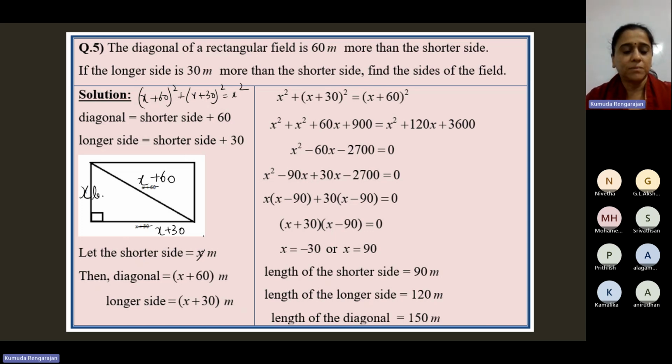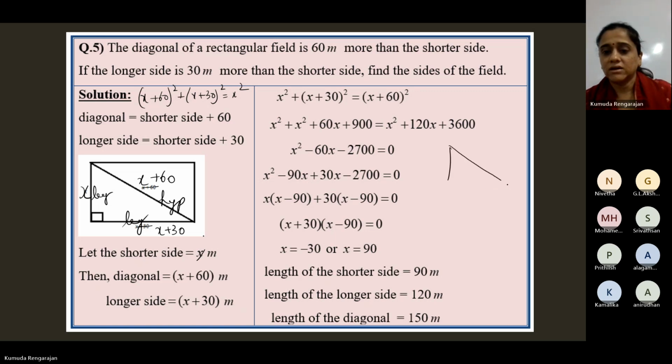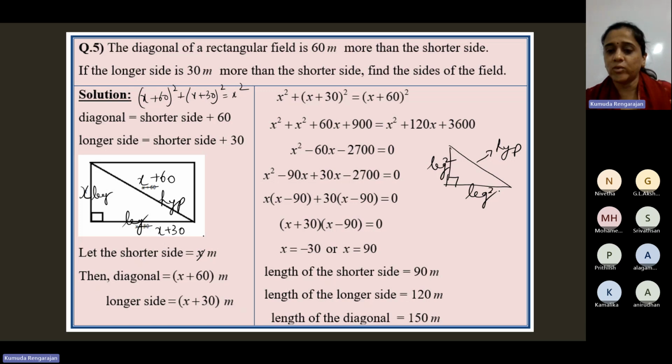This is one leg. This is the other leg. This is the hypotenuse. These are the two legs of the right triangle.